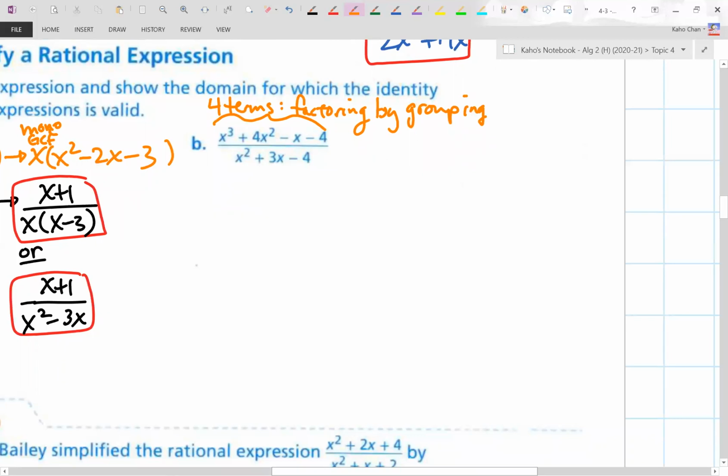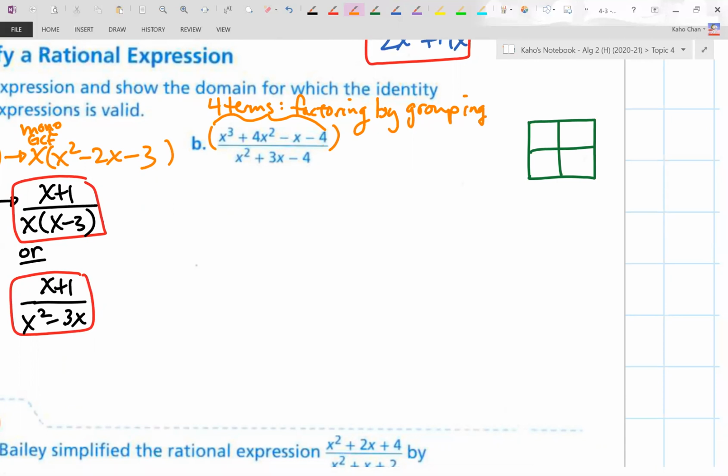The technique nowadays that a lot of kids like to do is throw it in a box and see if we can factor it that way. So right now we're concentrating on the numerator, okay, folks? X to the third plus 4x squared minus x minus 4 is a possible factor by grouping polynomial, okay? So let's put the terms in there. X to the third, 4x squared, and usually 99% of the time they give us problems that do work.